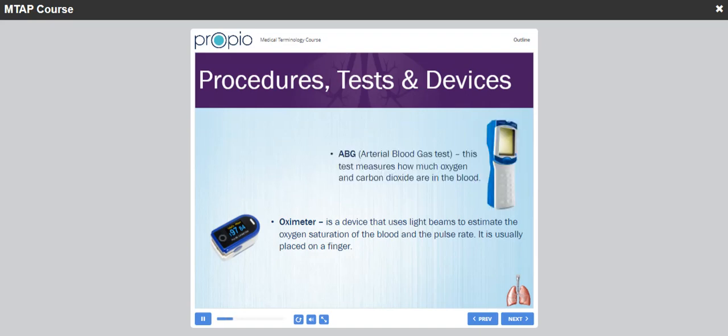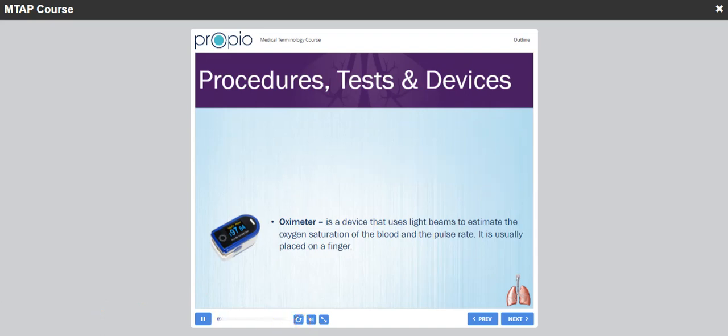Acid-fast bacillus test is a test that detects the presence of a bacteria called acid-fast bacilli to find out how well a person can move air in and out of the lungs and how well oxygen enters their bloodstream. Acid-fast to find out how well a person can move air in and out of the lungs and how well oxygen enters their bloodstream. Acid-fast bacillus test is a test that to find out how well a person can move air in and out of the lungs and how well oxygen enters their bloodstream.